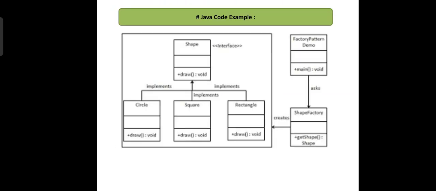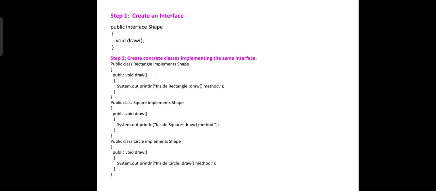Let's see the Java code example for the factory method. Here we have given one diagram in which shape is given, and that shape interface is implemented by three shapes: circle, square and rectangle. For that we have to design factory pattern. For the given example, let's create an interface in step 1.